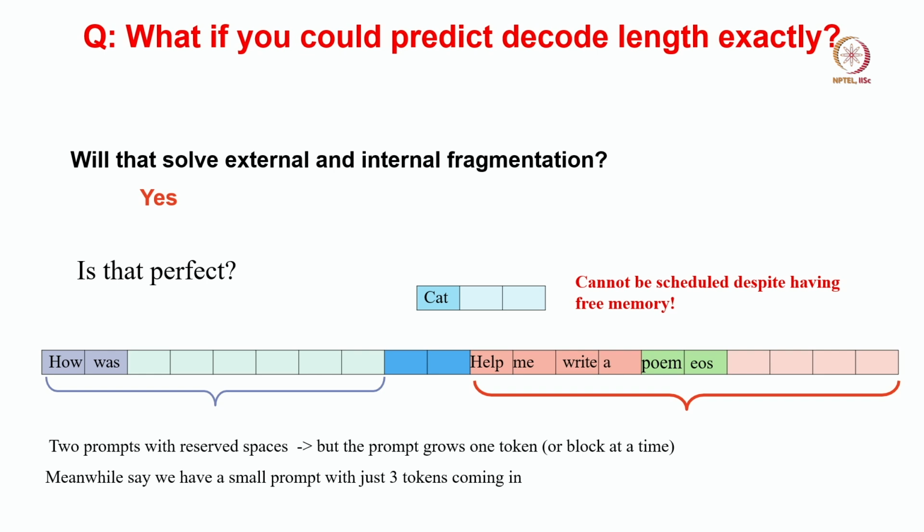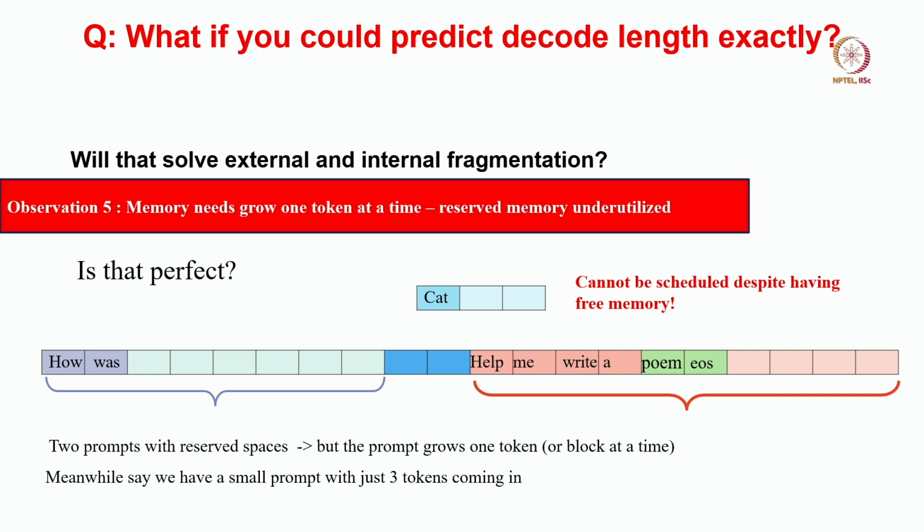So if we know that during decoding we generate one token at a time, that means we also know how the size of the KV cache will grow. So we can use that intuition and dynamically allocate the memory instead of fixed pre-allocation.